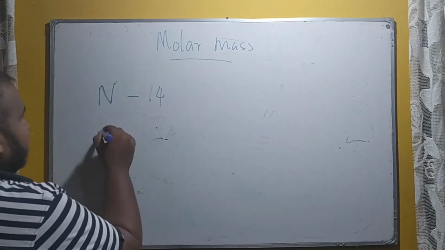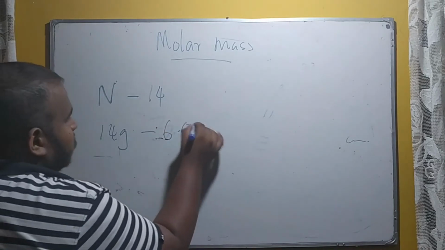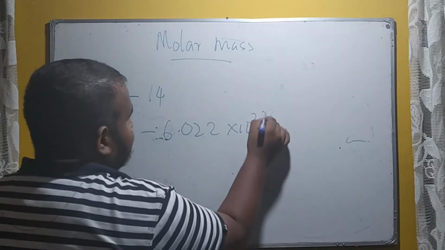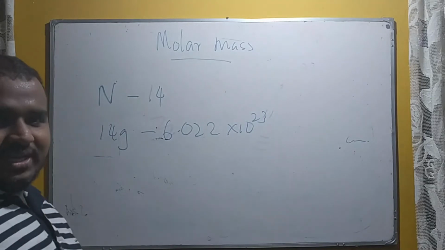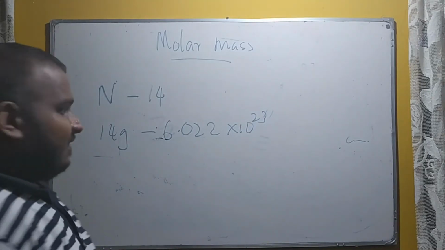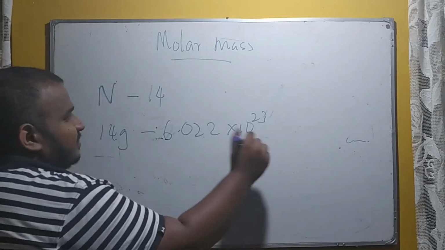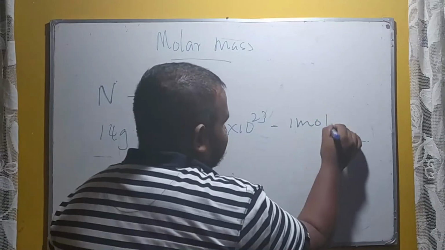Therefore, I said to you that if you take 14 gram, there will be 6.022 into 10 to the power of 23 nitrogens. Avogadro constant amount of nitrogen will be there. Now I said this value I can give as 1 mole.